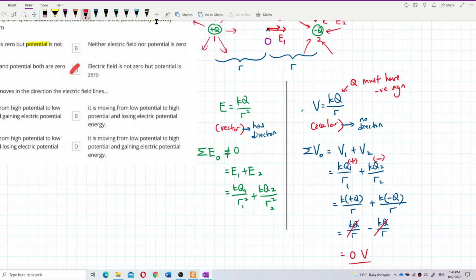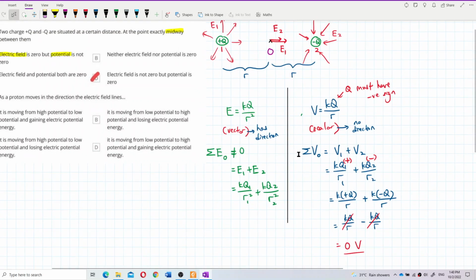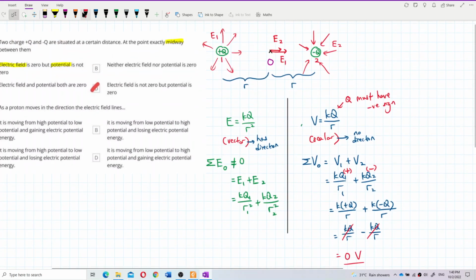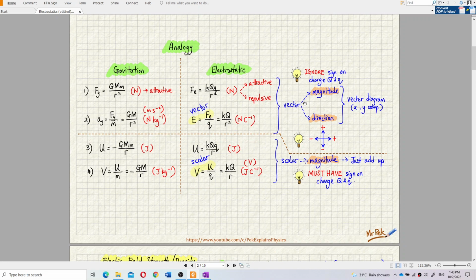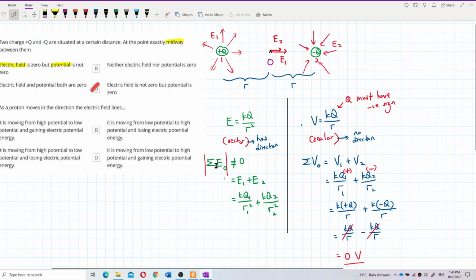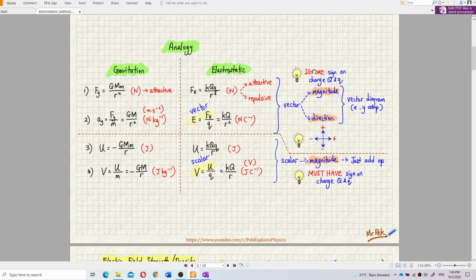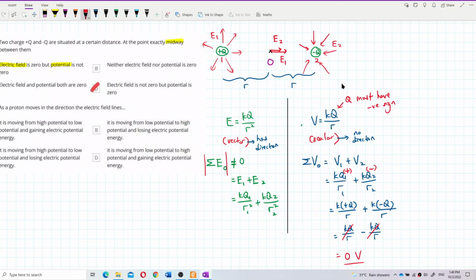0 volt. Compared to this, talking about the electric field, we want to find the magnitude of a vector. For the magnitude of a vector, we ignore the sign on the charge.